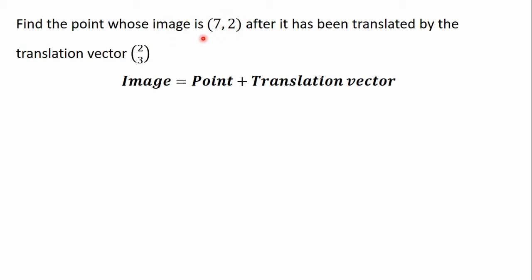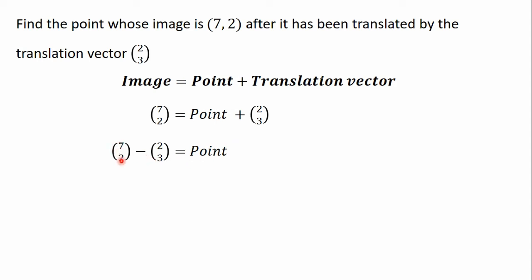When we express the image in the component form, we have 7, 2. The x-coordinate of the image will be the x component, and the y-coordinate will be the y component. So we have 7, 2 equal to the point we want to find plus the translation vector 2, 3. We do a small change of subject here.